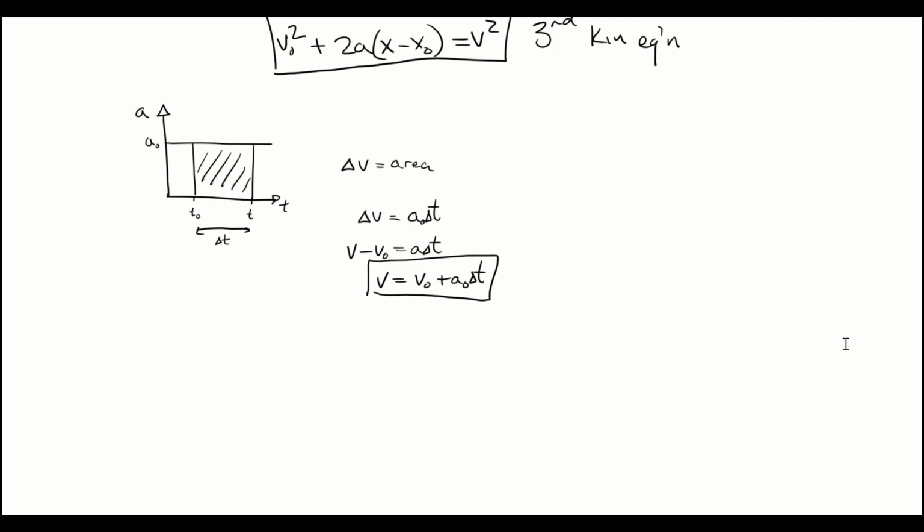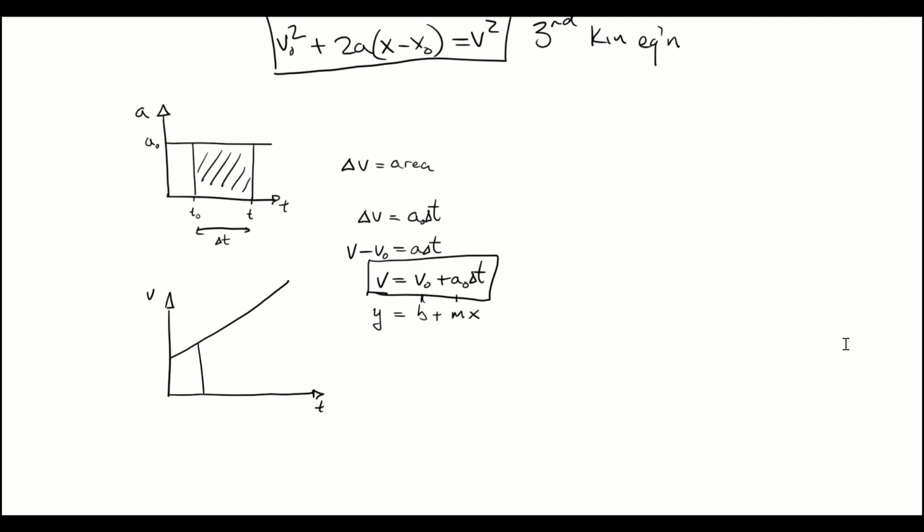Likewise, we could get the second kinematic equation as well, totally consistently. If we had that velocity as a function of time, this velocity is linear: y equals mx plus b, so y is equal to slope times variable plus the intercept. So I have some intercept, some straight line, and the slope is my acceleration.